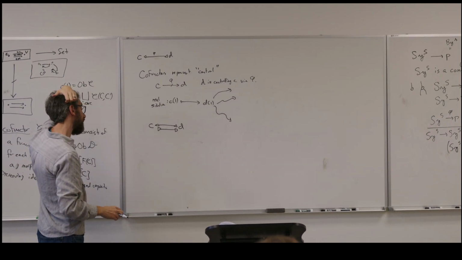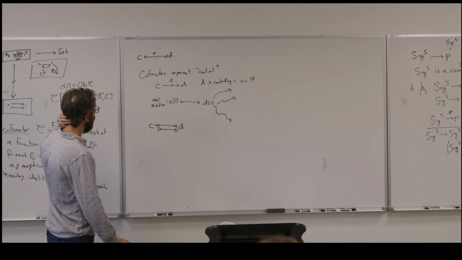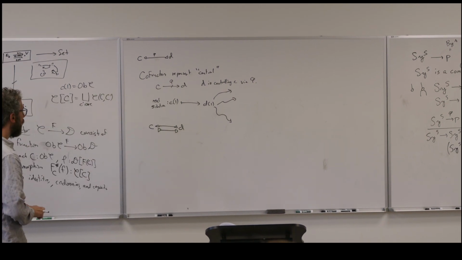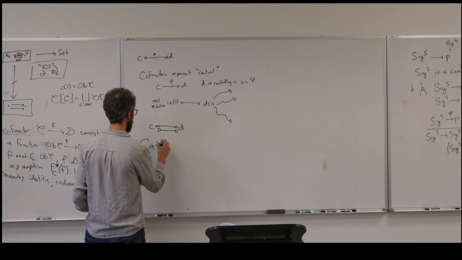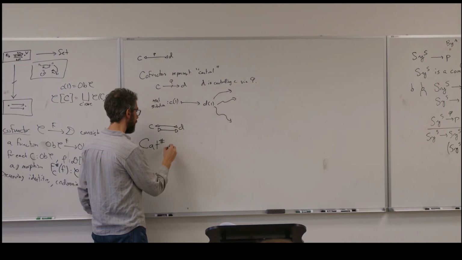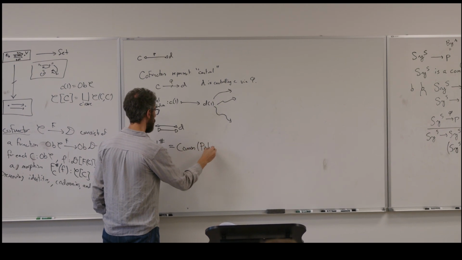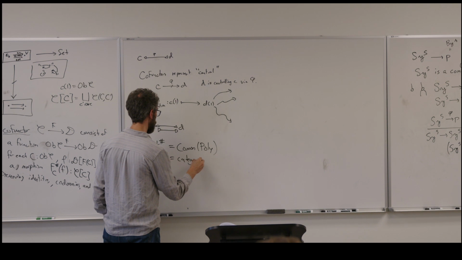So I want to say that amidst all the cool stuff that you can do between categories, one of the simplest things is this notion of control. And so let's say cat sharp, instead of cat, which is a category of categories and functors, cat sharp is going to be the comonoids in Poly. In other words, categories and controllers.